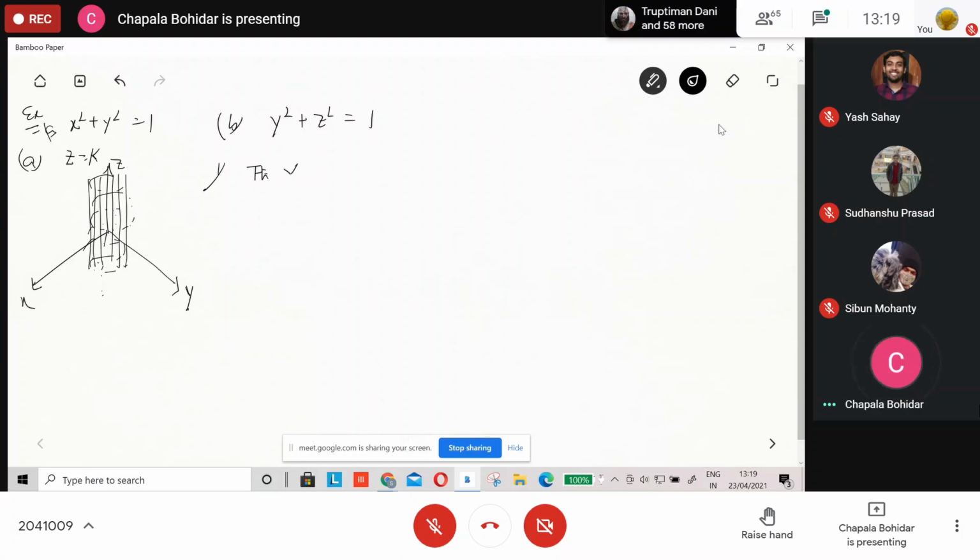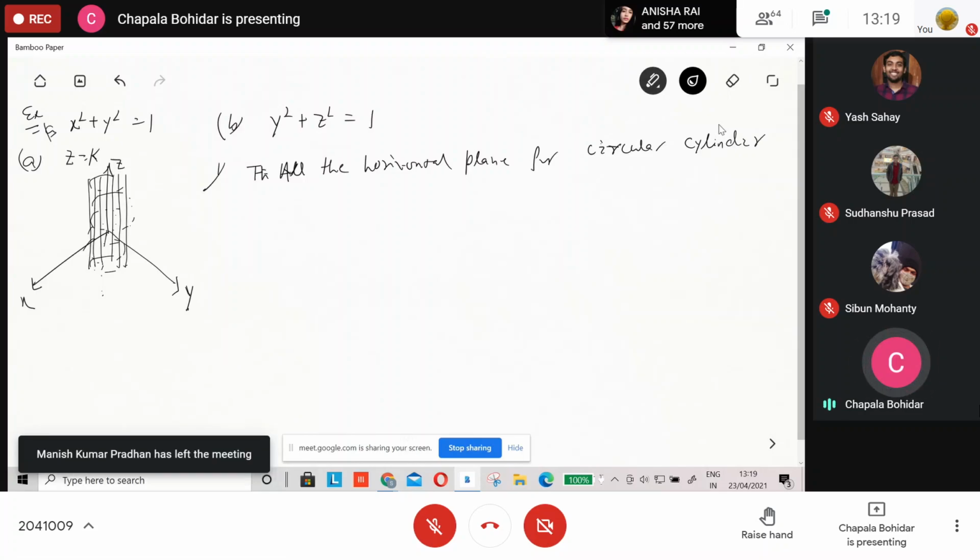All the horizontal planes form a circular cylinder, where Z is the axis of the cylinder.